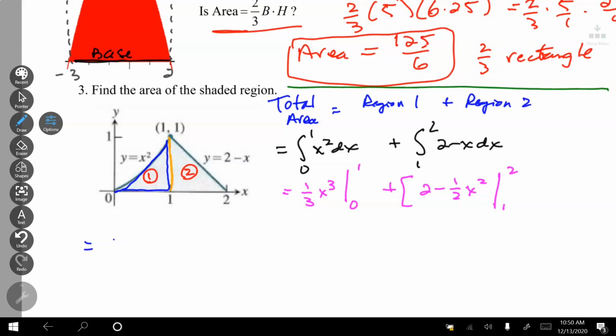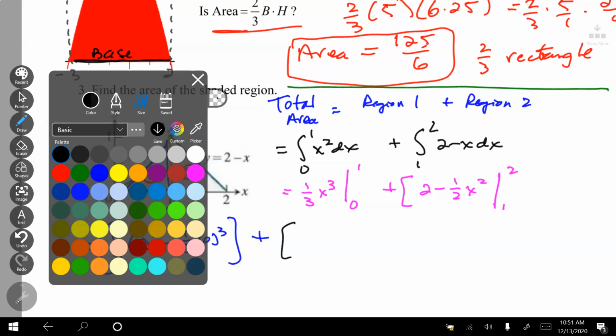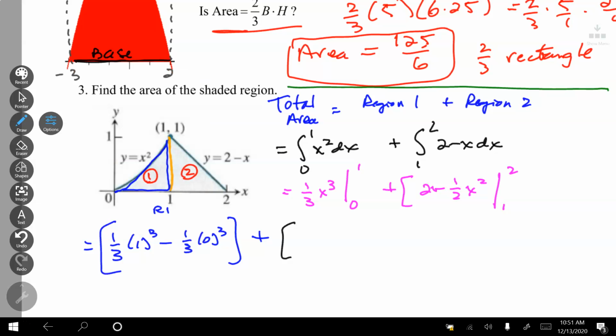Equals, well, I got 1/3 of 1 cubed minus 1/3 of 0 cubed. This is region 1. Plus, now this one I have to do a couple things here. I'm sorry, this is 2x, my bad.